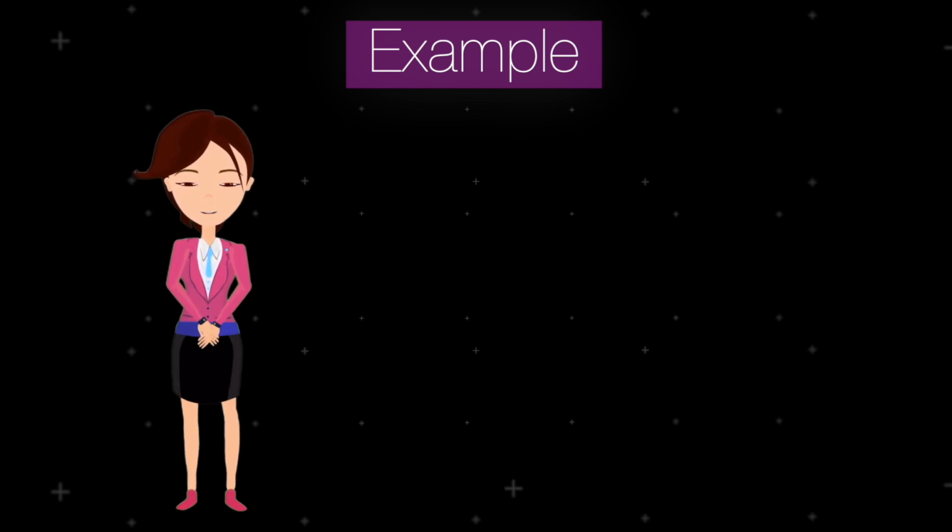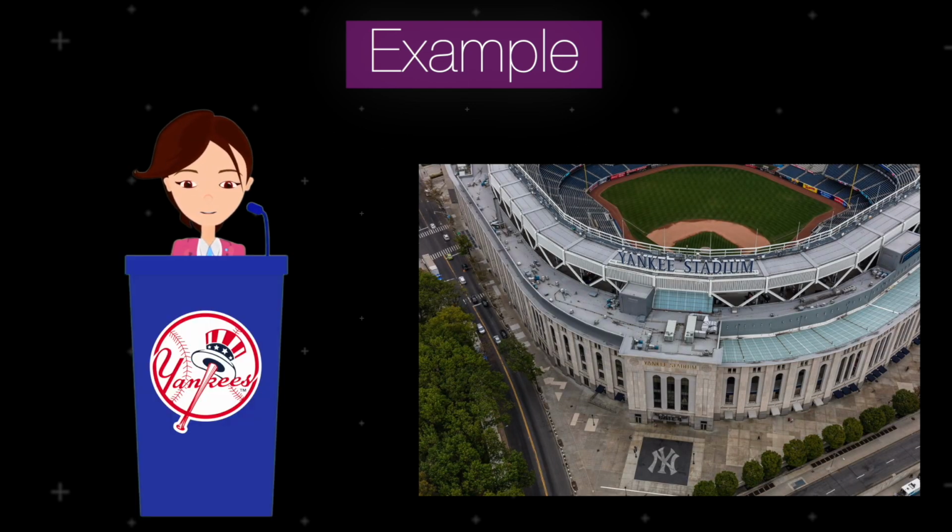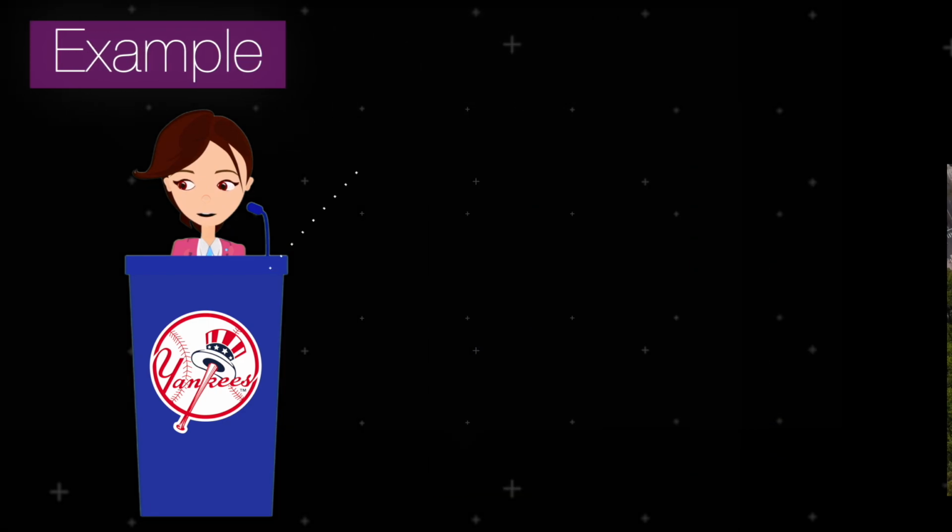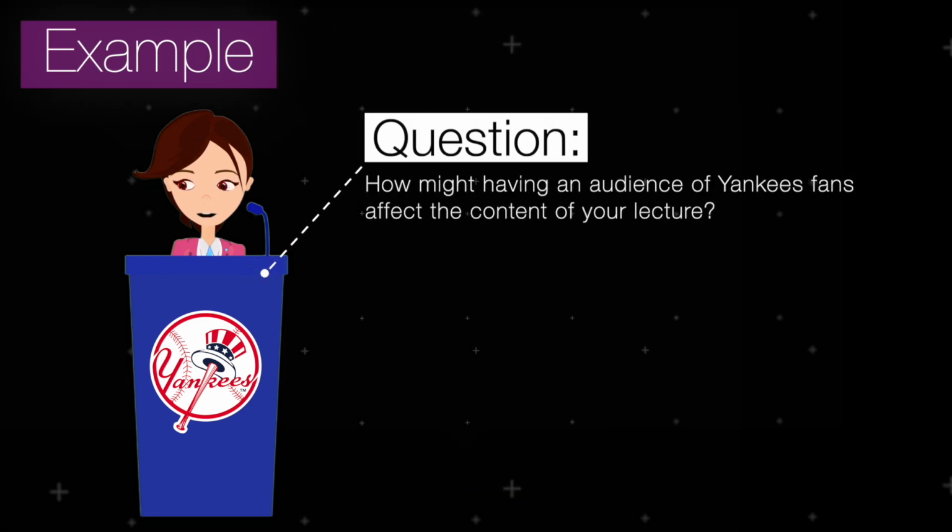Let's discuss an example that I'm going to make up for the sake of illustrating the impact of audience more clearly. Imagine a scenario in which you were invited to Yankee Stadium to give a lecture on the greatest baseball teams of all time. Who would be in your audience? I would assume that it would mostly be Yankees fans, since you would be at Yankee Stadium. So now ask yourself, how might an audience of Yankees fans affect the lecture you give about the greatest baseball teams of all time?